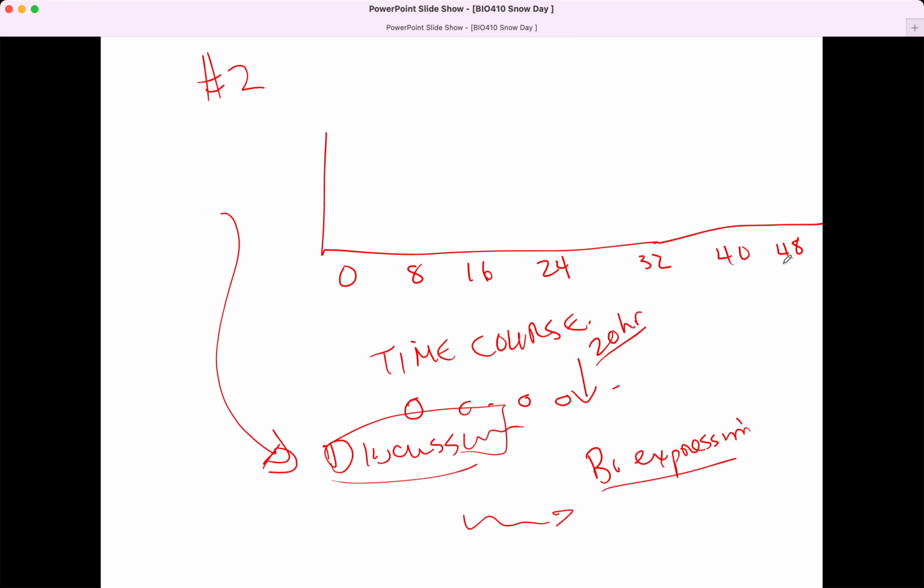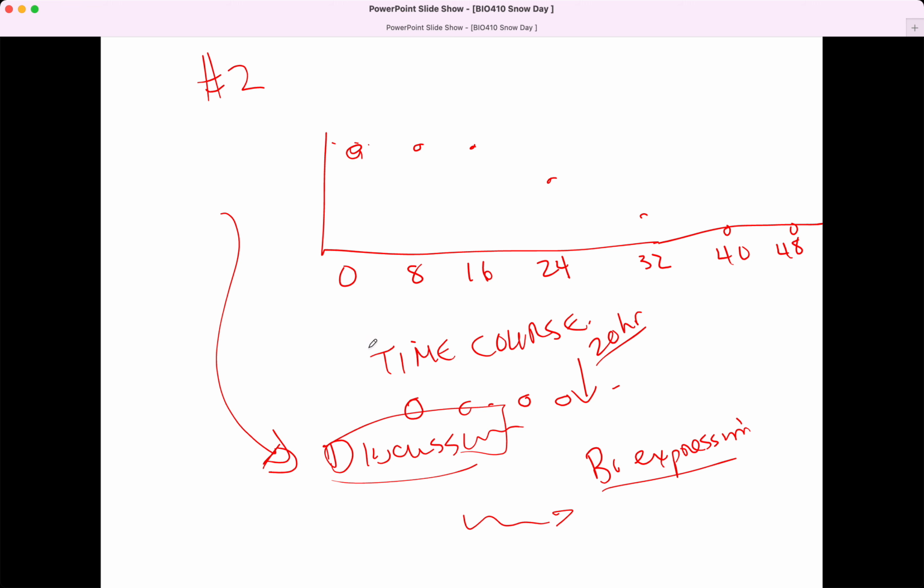So you'd have half a dozen or so time points, and the expectation is that for each one we'd see real consistent Chinmo expression, and then maybe falling down like that to 0.